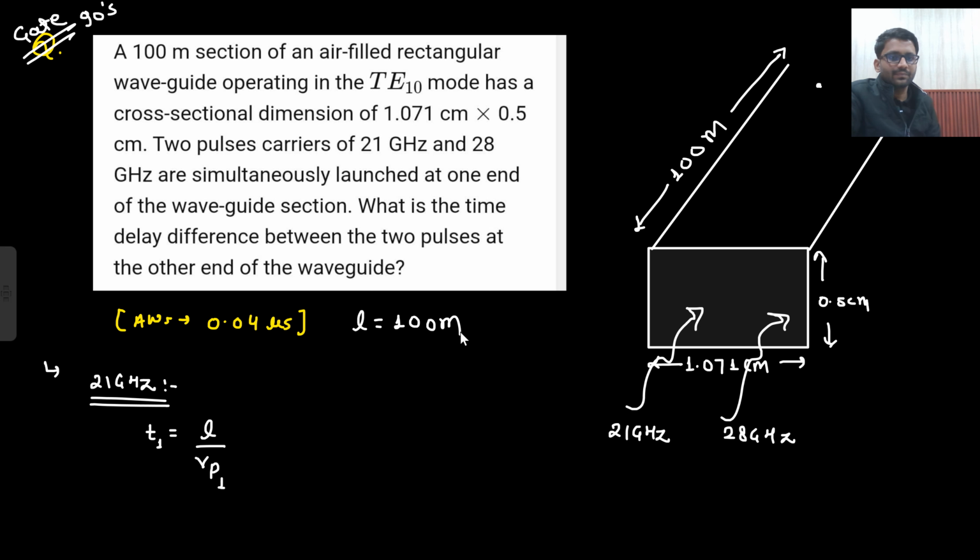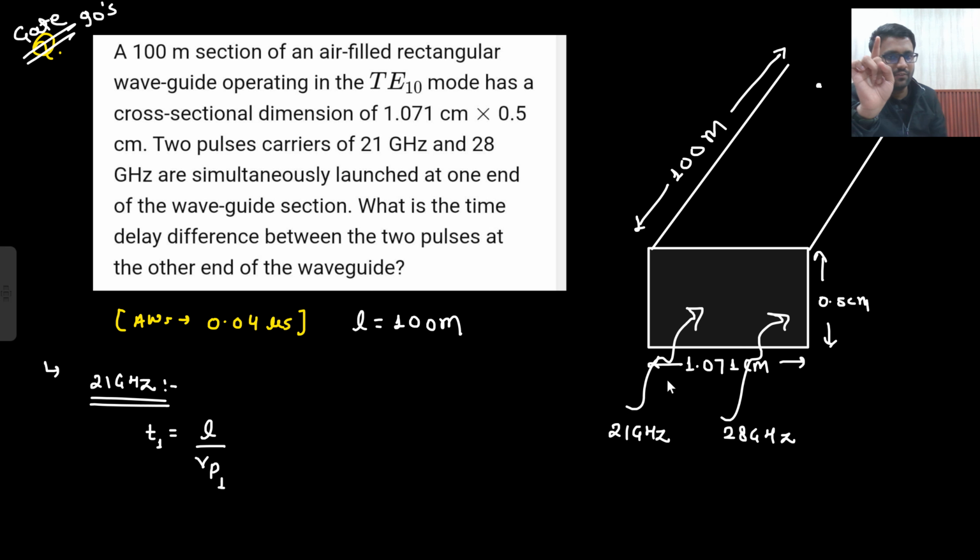Why am I writing phase velocity? Why not group velocity? Just remember this thing. When a single wave is being propagated, always write phase velocity. And when a group of waves is being propagated, then you write group velocity.